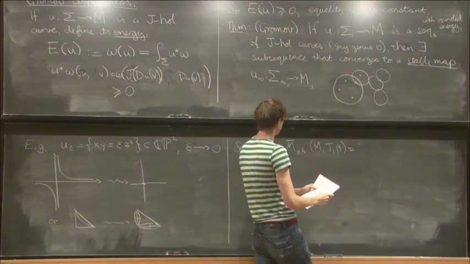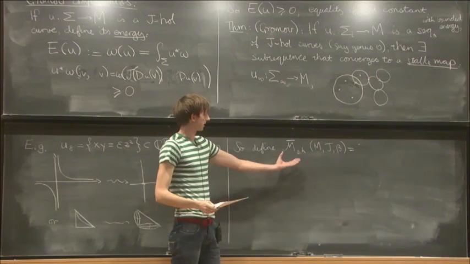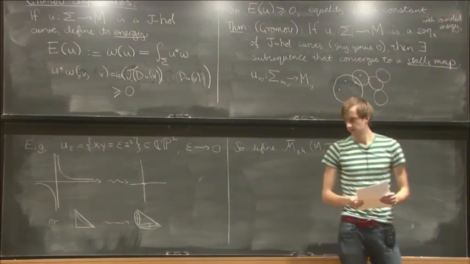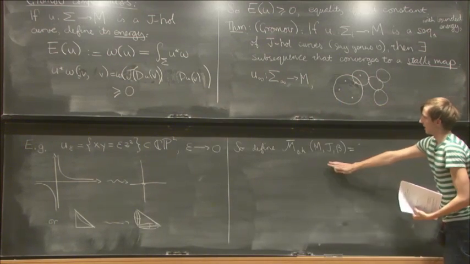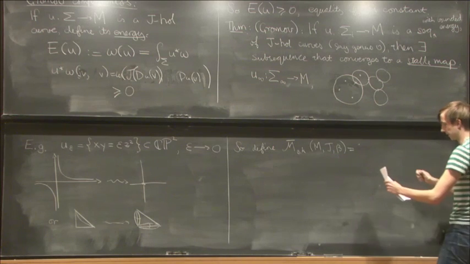So now we define the Gromov compactification. It's somewhat related to the Deligne-Mumford compactification.